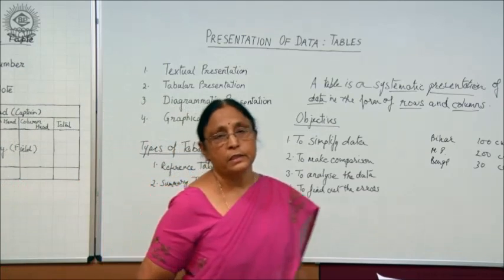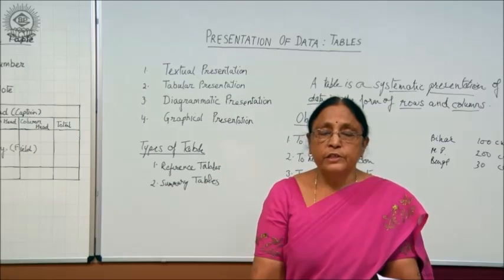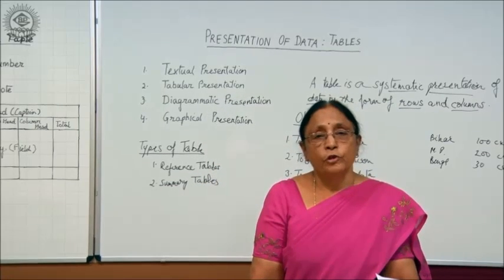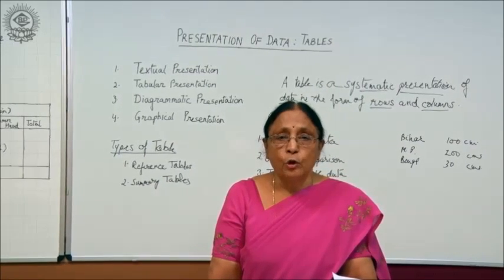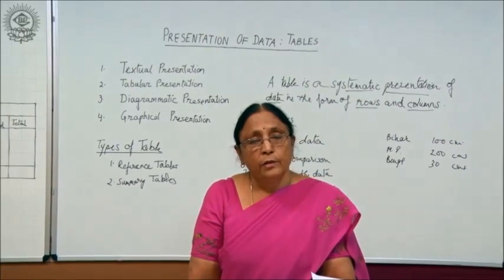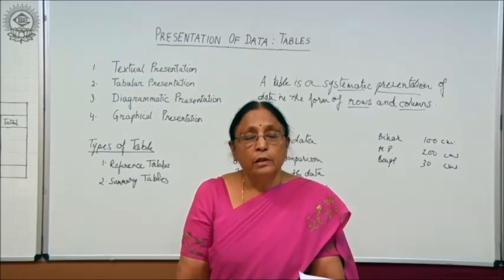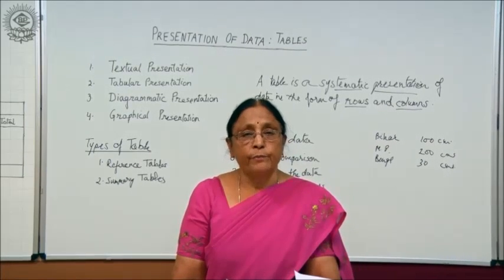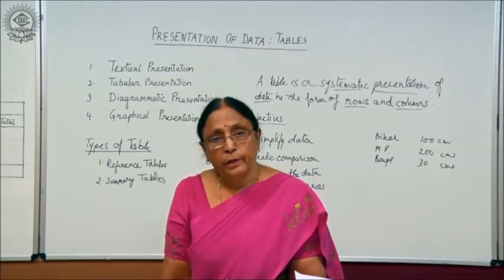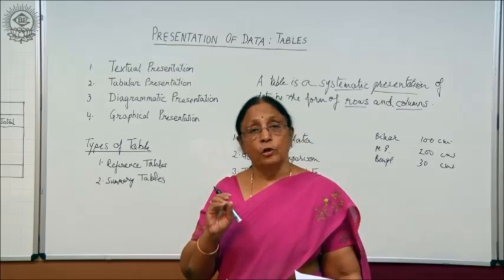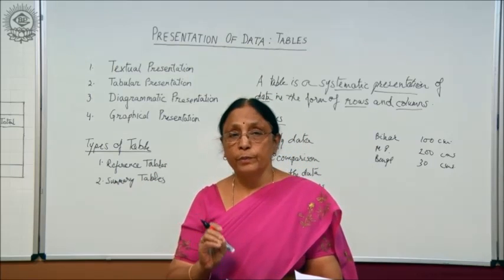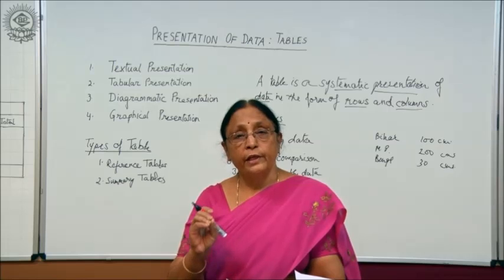What are their characteristics? Reference tables, these are for general purpose. These do not have any specific objective in mind. When the table is made or the data is collected and presented in the form of a reference table, then that is not on the basis of any specific purpose. It is just the data bank.